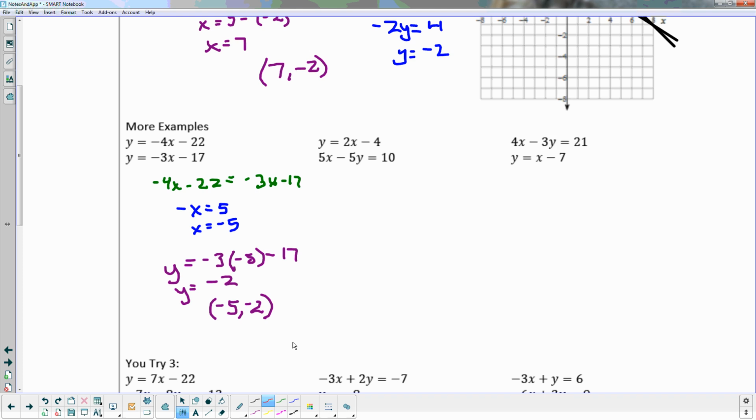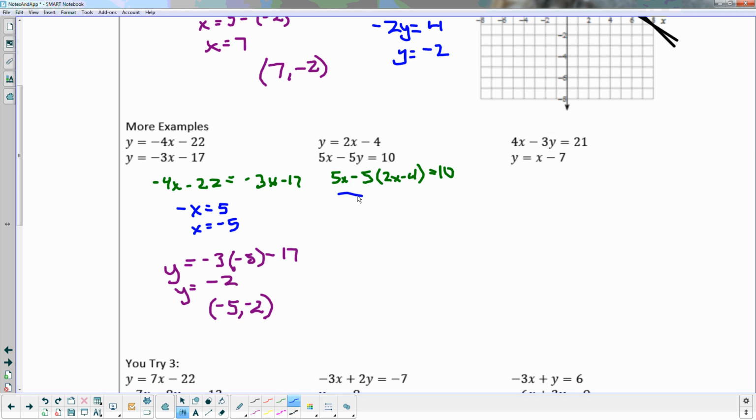In the next one here, again, I already have one equation solved for y, so that's good. I'm going to plug that in for y in the second equation, and I'll get 5x minus 5 times 2x minus 4 equals 10, and distribute and combine like terms.